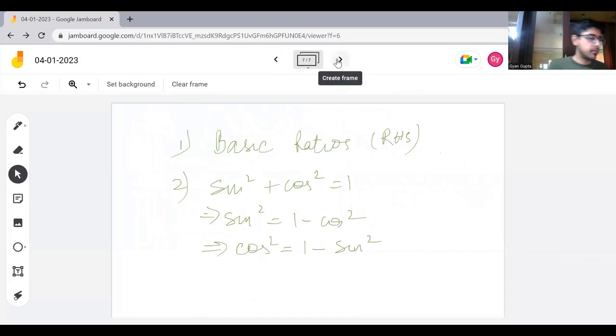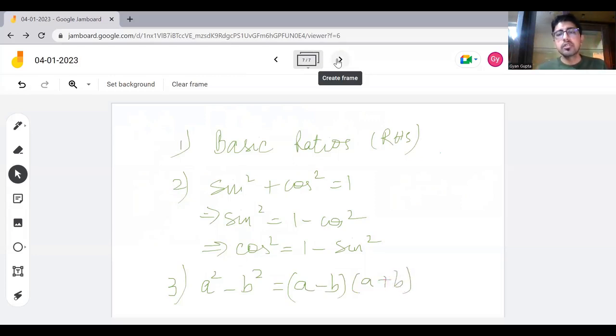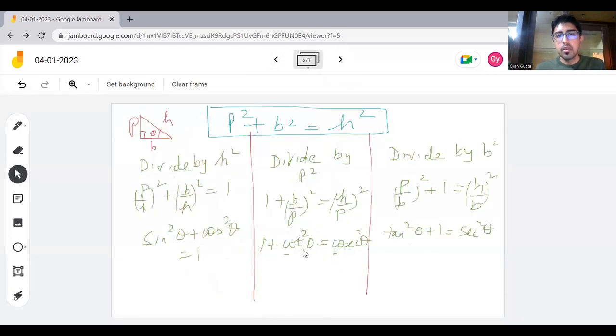Why are these important? For a very important algebraic identity that we've learned in our 8th grade. A square minus b square is equal to a minus b into a plus b. A lot of questions just use this algebraic identity to simplify forms of cos square is equal to 1 minus sine square, where you can write cos square is equal to 1 minus sine into 1 plus sine, or cosecant square minus cot square is equal to 1.